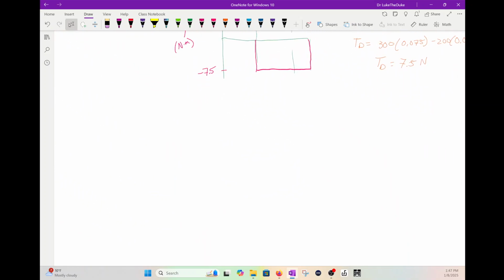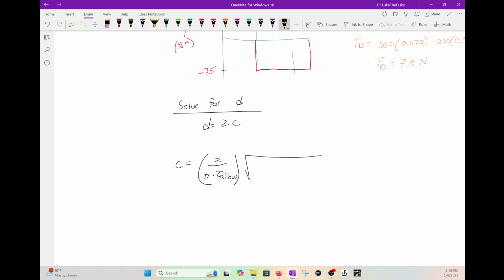We can now solve for D. And D is 2 times C. And we can rearrange that shear distortion energy equation to solve for C: 2 over pi times tau allow times the square root of M squared plus T squared, and this whole thing is to the 1/3.